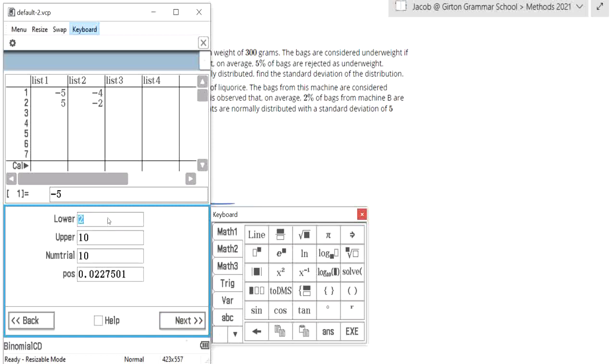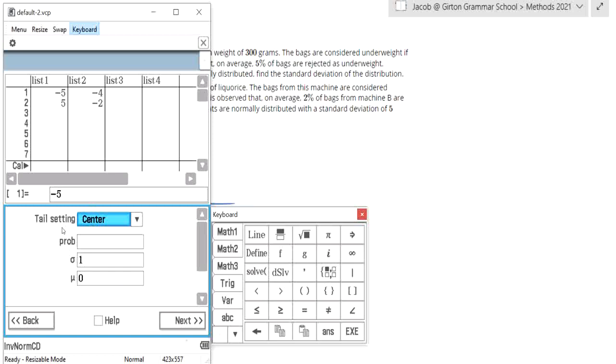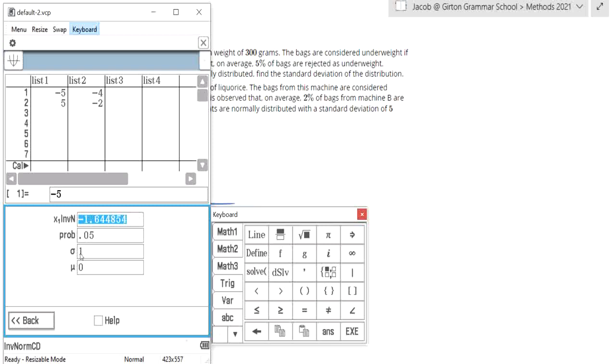So now my lower bound is negative infinity. No, we're not doing that. We're going to do an inverse distribution, because we know the probability and we're trying to find the values. So we have a left tail and we have probability of 0.05, and that's standard, so we can leave those as they are.